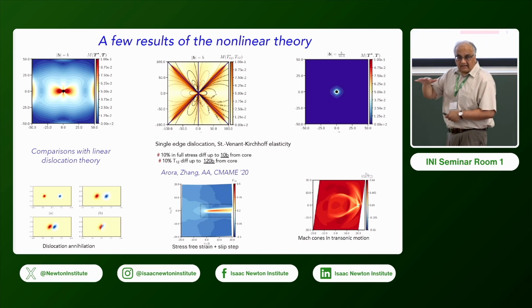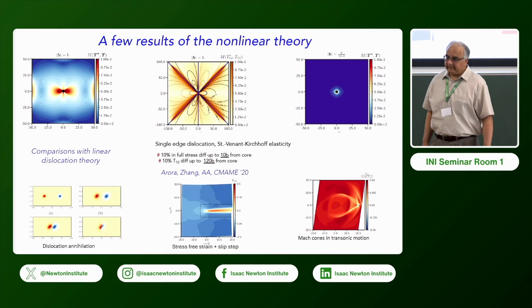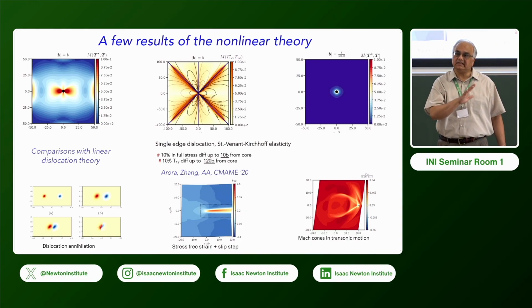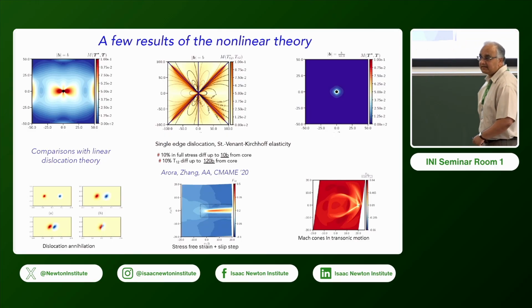We are solving the equations I showed you for the stress field. There are 10% differences in the full stress up to 10 Burgers vectors from the core. This actually matches some results based on orbital density functional theory by Gavini and Toffoli. There are differences between linear and nonlinear theory.